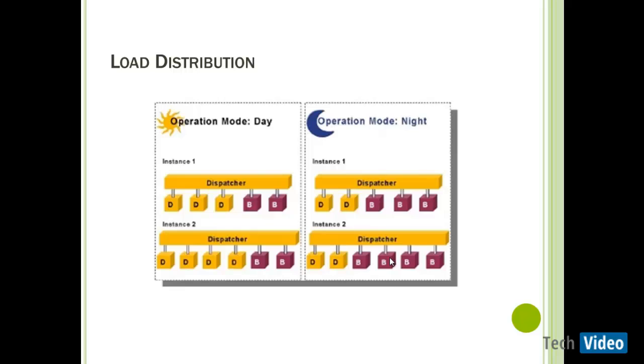So we allocate 2 application servers to run only background jobs. That's a different approach altogether. But if it is a smaller system, then this is the best approach. And thus in smaller systems we will generally do dialog and background work processes.